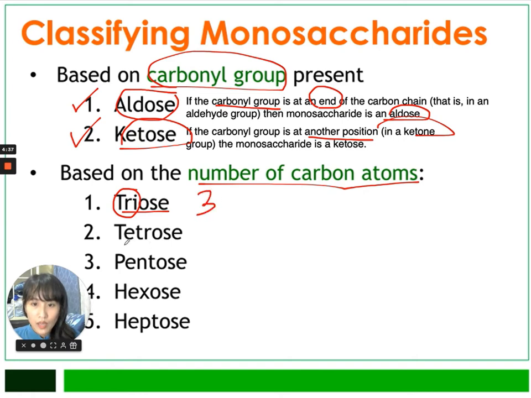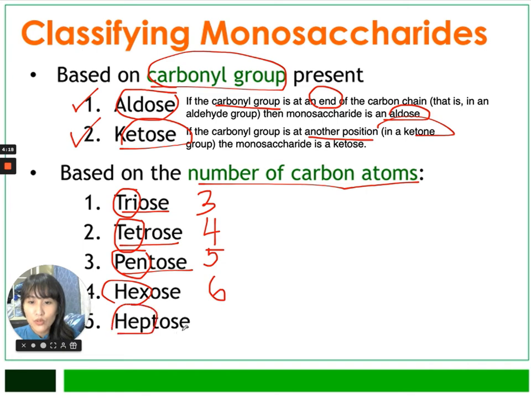Then we have tetrose, with the prefix tetra, which is 4, and pentose, which is 5, hexose, which is 6, and heptose, which has 7 carbon atoms.